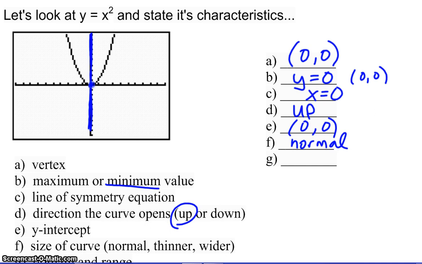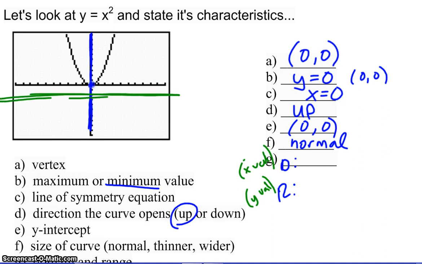And then we have 2 things we need to answer here, the domain and the range. When we're talking about the domain, we're talking about the x values. And for the range, we're talking about the y values. Given this graph, what are the possible x values? Well, the x-axis goes from left to right.